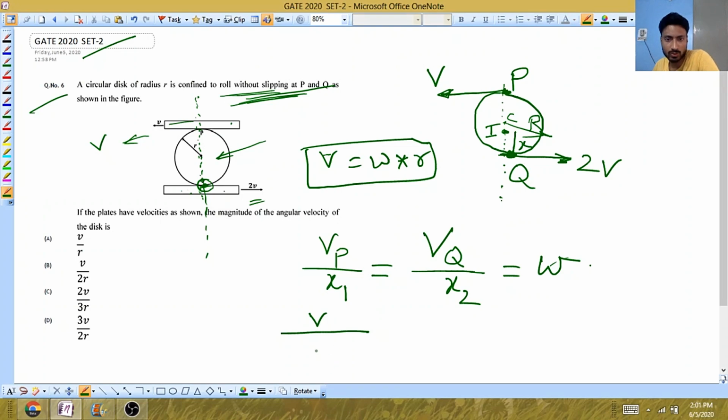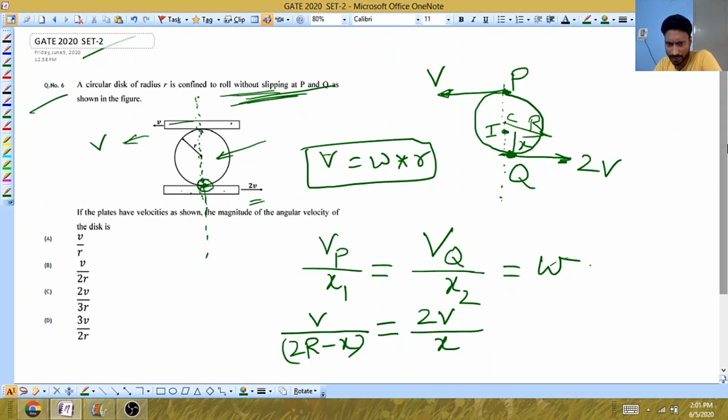So if I to Q is x, then I to P will be 2r minus x, because the total diameter is 2r. So v divided by (2r minus x) will be equal to 2v divided by x, where x is the I to Q distance. Now just try to find the value of x.